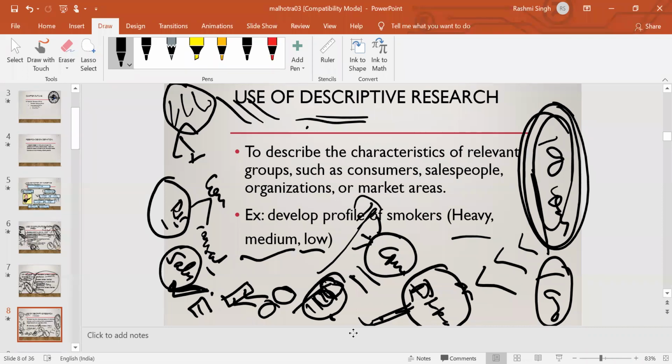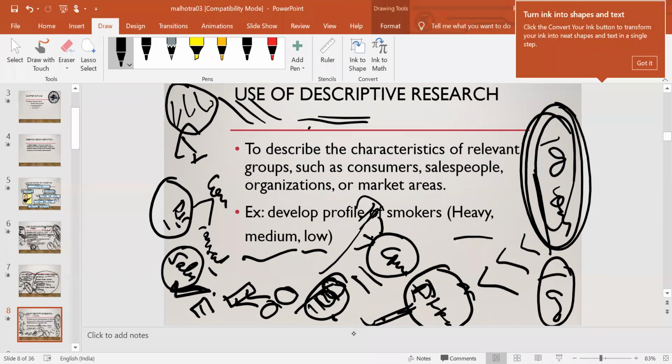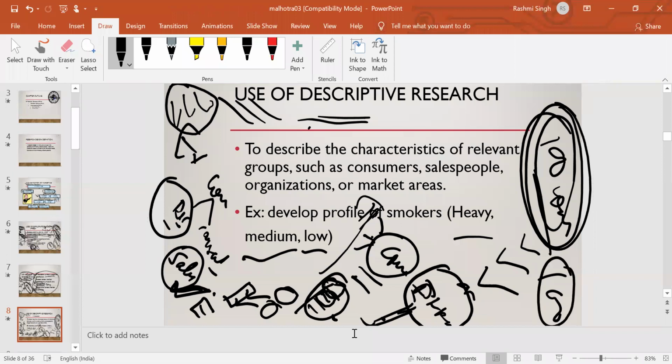If you perform this descriptive study, you will try to identify why these 100 consumers do not use it, or what the demographic profile of these 100 is. You are doing a detailed analysis of these 100 non-users or 100 users of Reliance Jio. So to describe the characteristics of a relevant group such as consumers, salespeople, organizations, or market areas, you will use descriptive research.